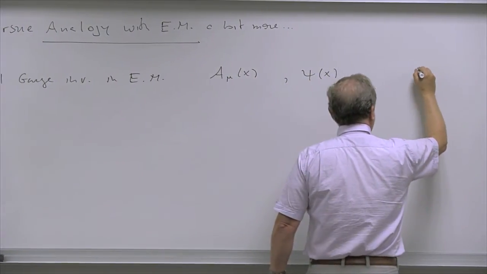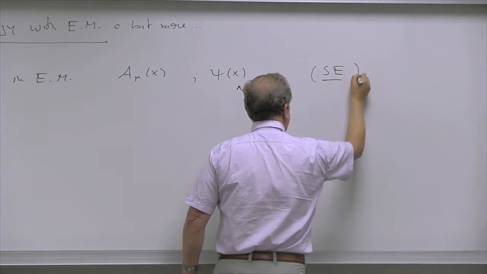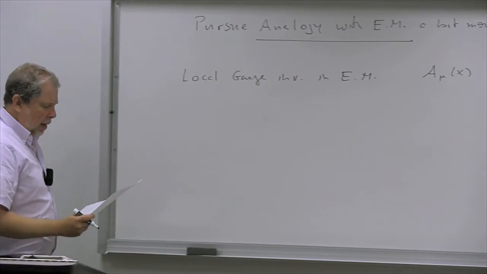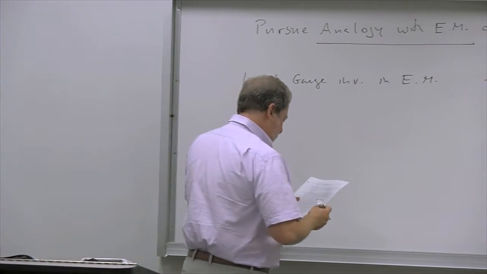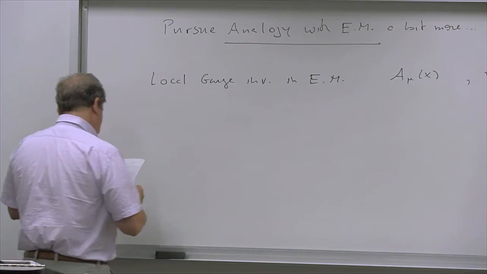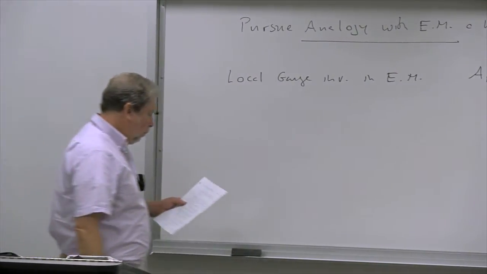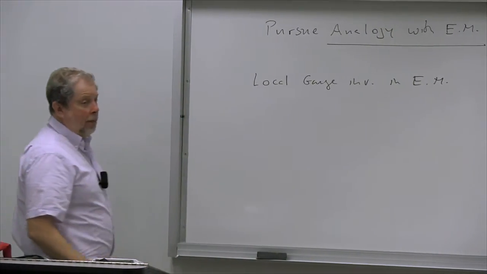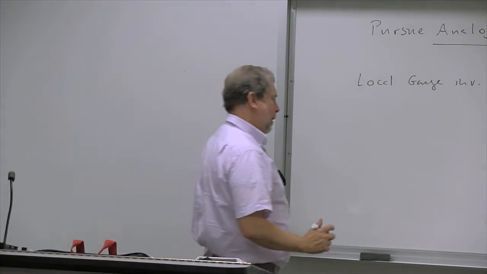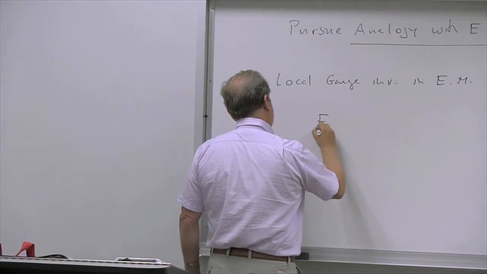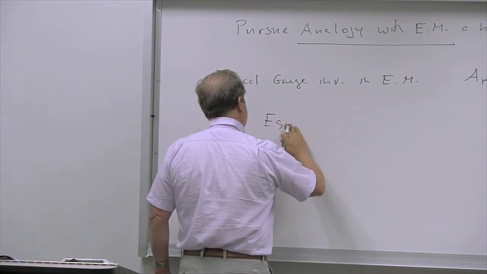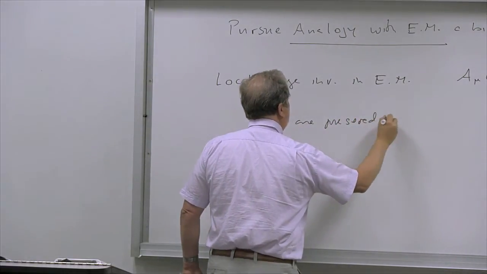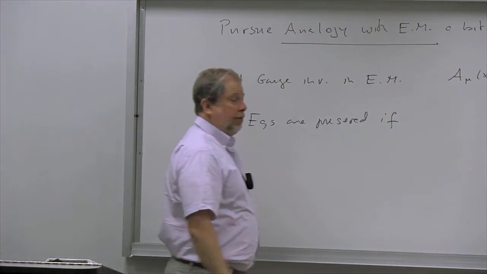The kind of setup we would be thinking about would be, for example, the Schrödinger equation or the Dirac equation. So the equations for a particle that is coupled to an electromagnetic term are preserved if we do the following.